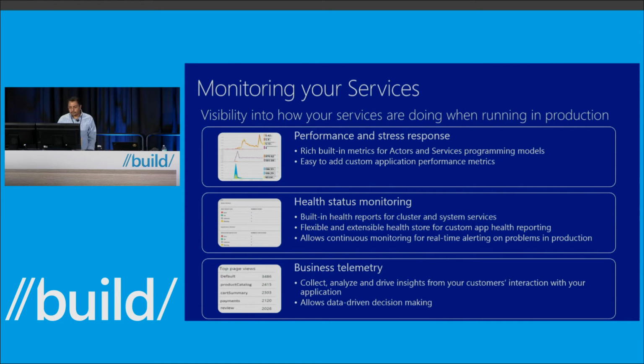Then the second topic was health status monitoring. For health monitoring, we have built a flexible and extensible health store that provides reports of health of the cluster, the applications, and the system services running in it, and you can easily add reports for the applications and services you write. You can check the health status reports on the portal, which I just showed you, and in the Service Fabric Explorer. That's the other tool which is also shipped for you in the SDK.